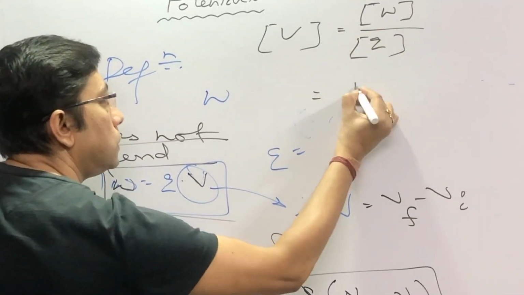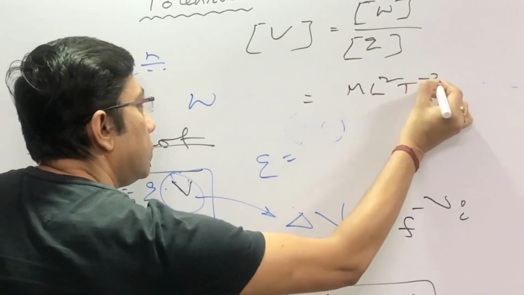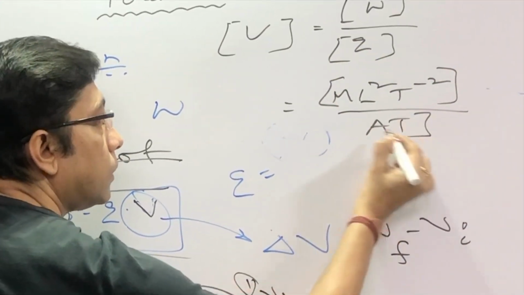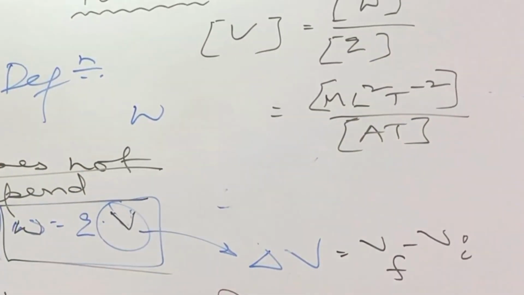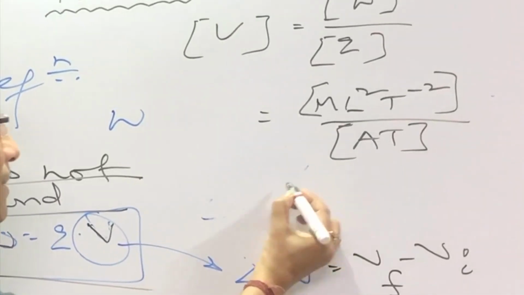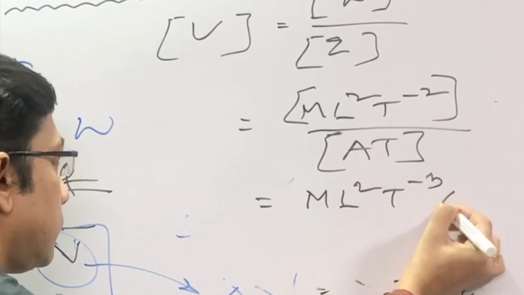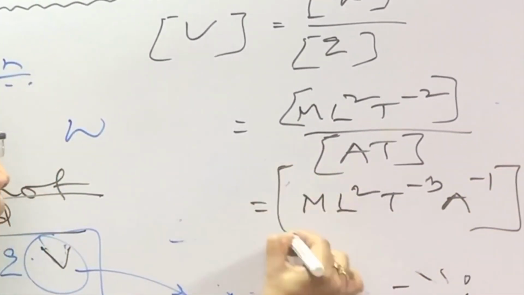Dimension of work done is M L square T to the power minus 2 divided by dimension of Q. I had told you at the beginning of this chapter, dimension of Q is a shortcut. So it is M L square T to the power minus 3 A inverse. That is the dimension of potential.